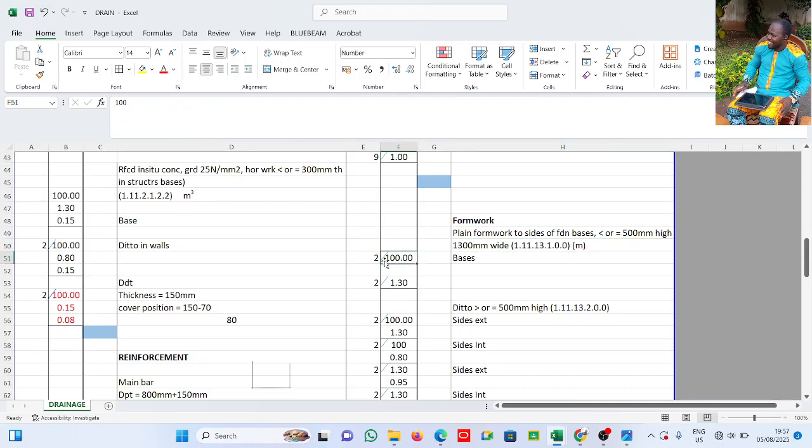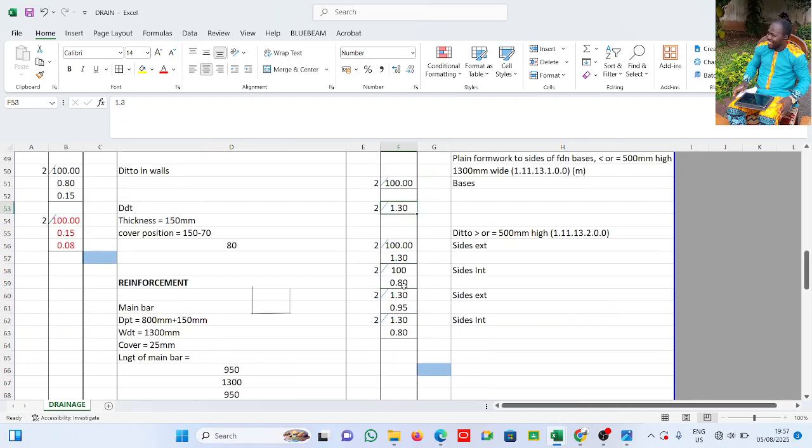Right, so 100 by 2 for 2 sides. Then these are the end sides, 1.3 by 2. The same thing we'll do for the side. The side is 1.3 high, so it's 100 by 1.3 by 2. Then 100 by 0.8 by 2.